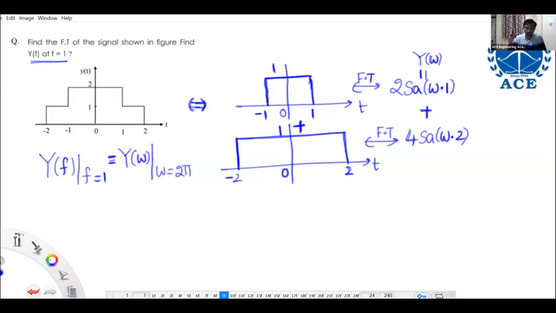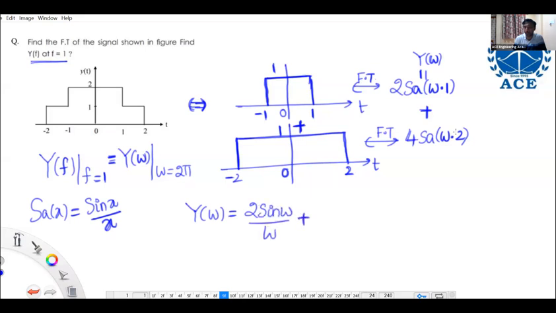What is the expansion of the Sa function? Recollect: Sa of x is sin x by x. So 2 Sa of omega can be written as 2 sin omega by omega. 4 Sa of 2 omega can be written as 4 sin 2 omega by omega.